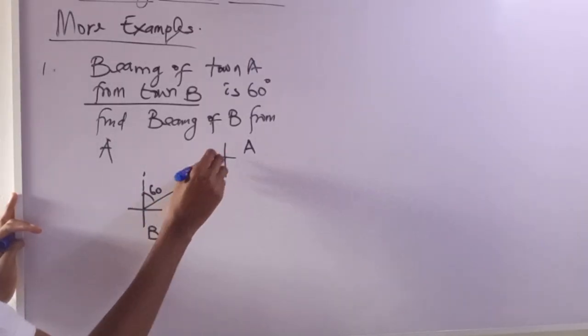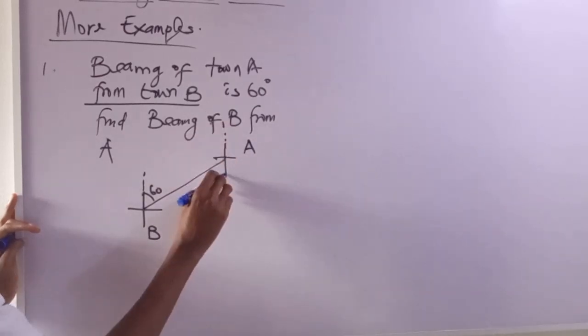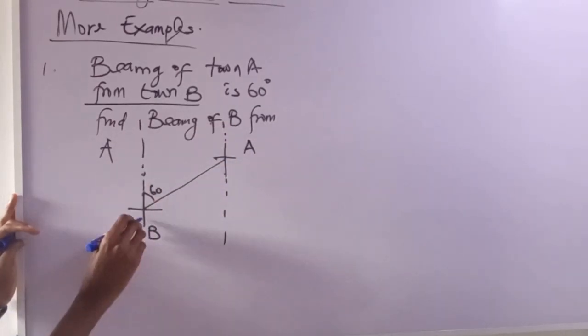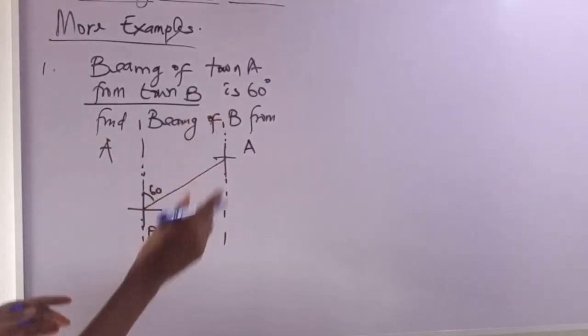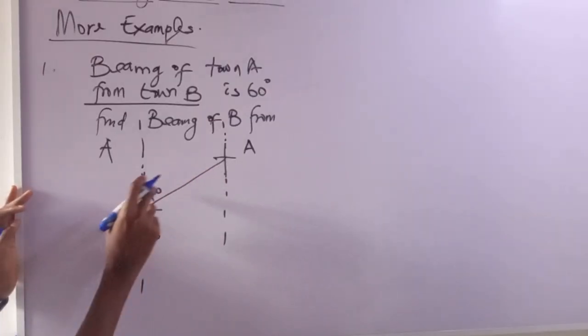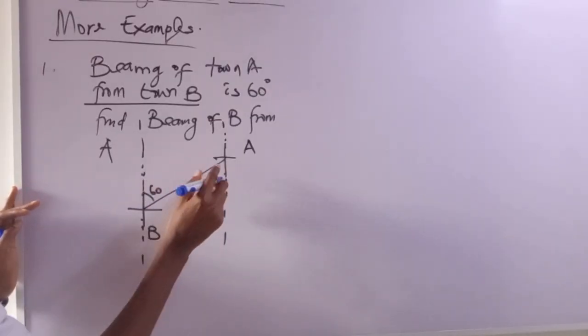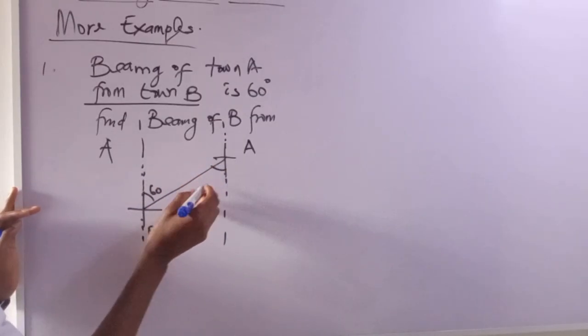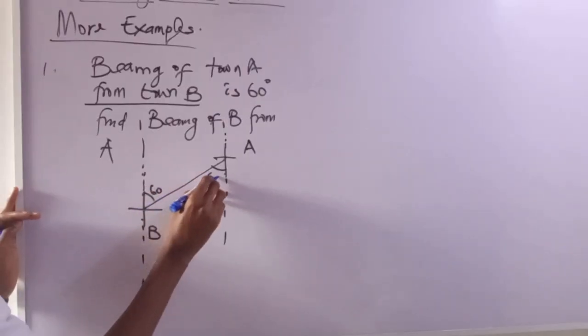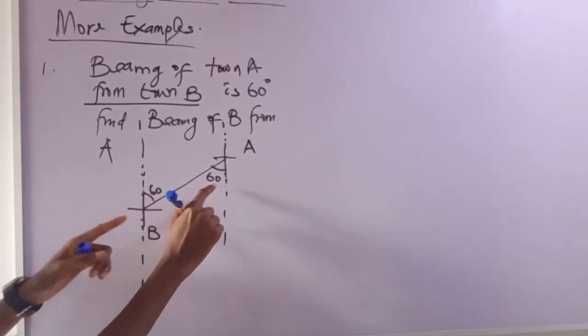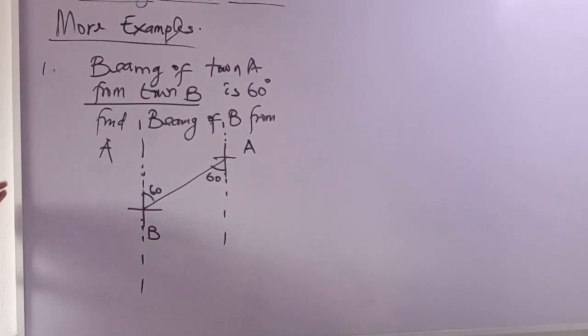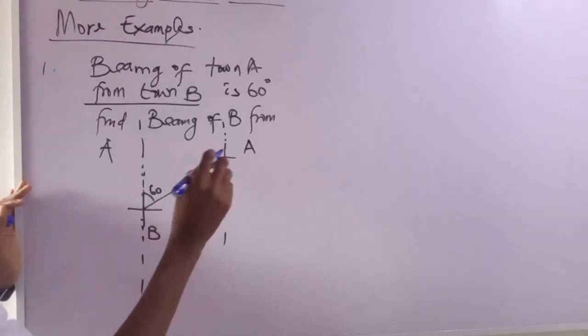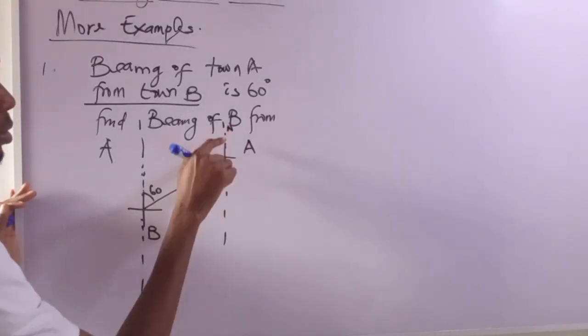Then we can see that by extending these lines, we find out that both lines are parallel. An angle found on opposite sides of a parallel line is called an alternate angle. So by measure, this angle here is equal to this angle, and that is 60 degrees. Now the bearing is a measure from the north pole. This is the north.